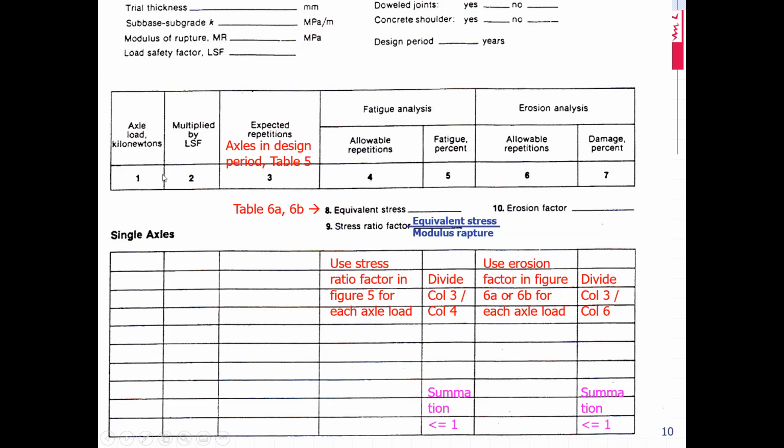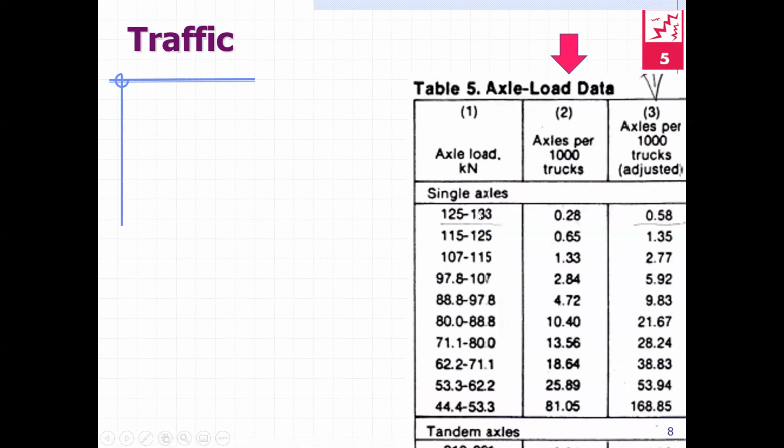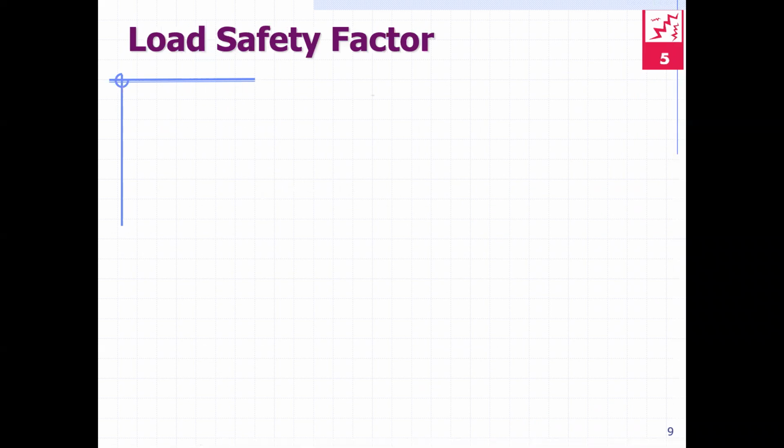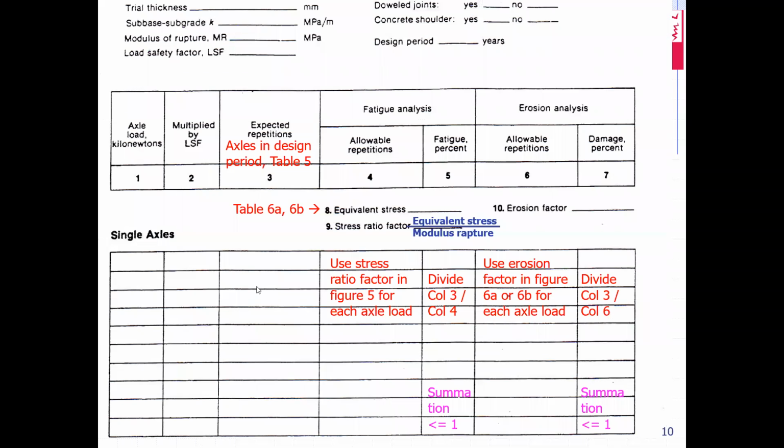For the single axle, you will have the axle load of the group, the maximum. So as we saw before, that will be 133, 125, 115. So that 133 will come here, 125, 115, etcetera.